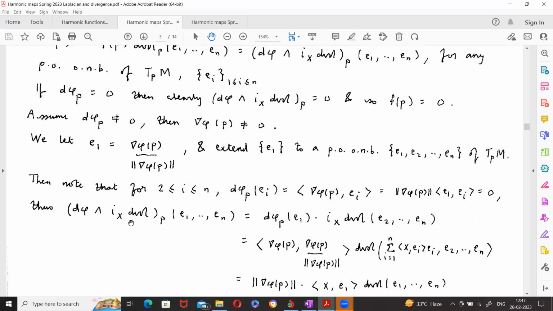Well, remember how the wedge product was defined. It was defined in terms of the alt map, right? So you had to take the tensor product of d phi and this ix dvol and then apply alt to it.